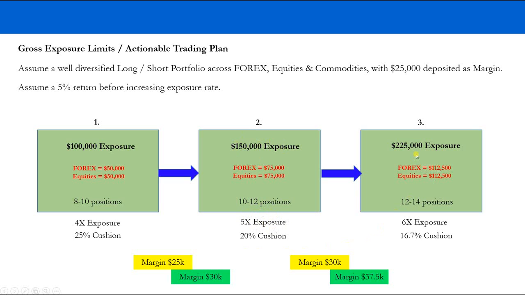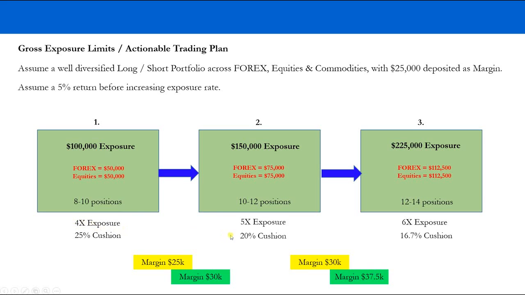We then move on to our 6 times exposure, and this is really the maximum exposure you should be taking if you're taking the same approach as professional traders. And that's on a combined Forex, equities and commodities portfolio. On a Forex only portfolio, you can probably add 1 to each one of these exposure rates.